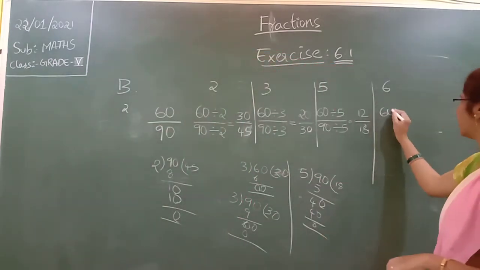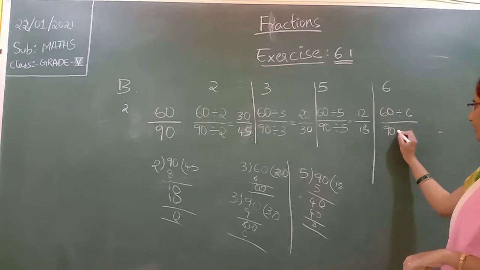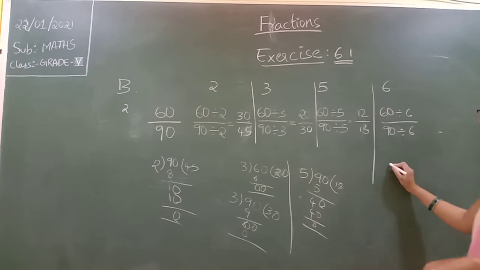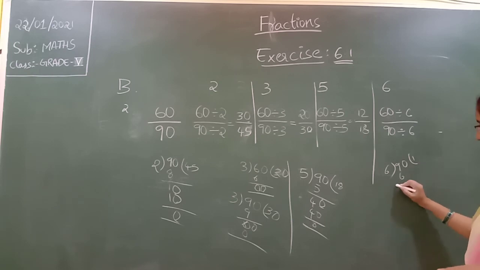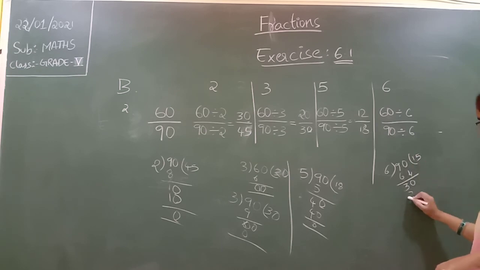Next, 60 divided by 6 and 90 divided by 6. 6 ones are 6. 9 minus 6 is 3, and 0 as it is. So 30, where is 30 in the 6 table? 6 fives are 30.